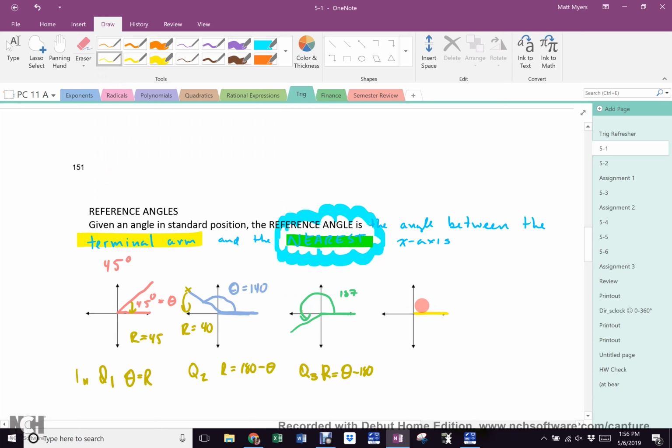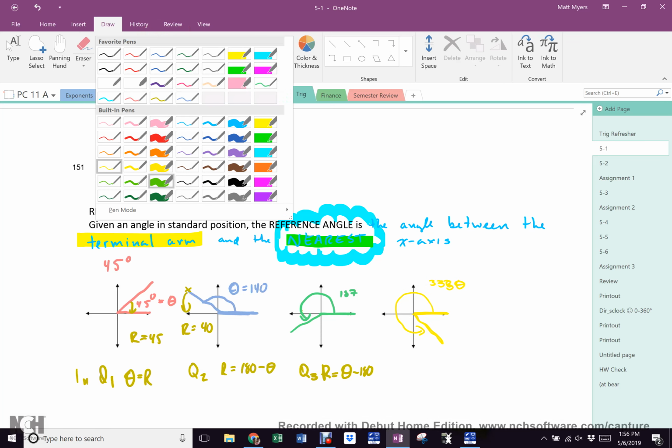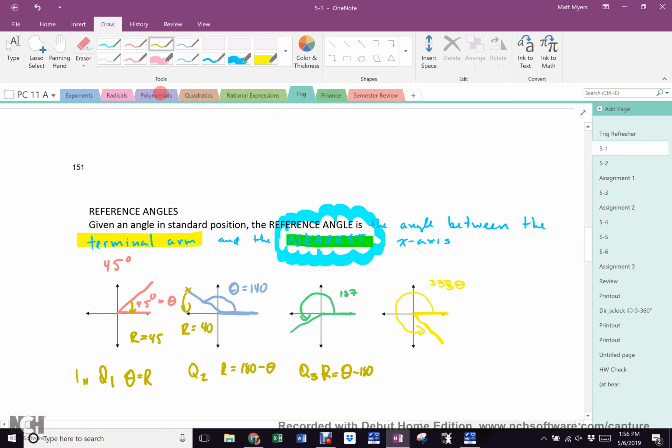333. Tell me when to stop. 333 is theta. So where is the reference angle? Where's the reference angle? Same place it always is.